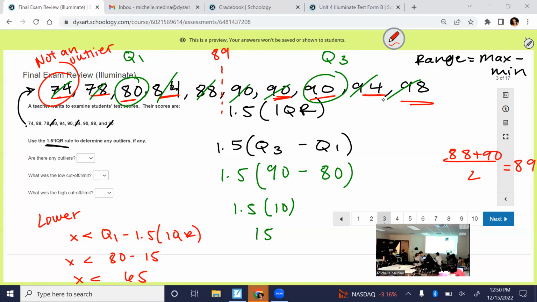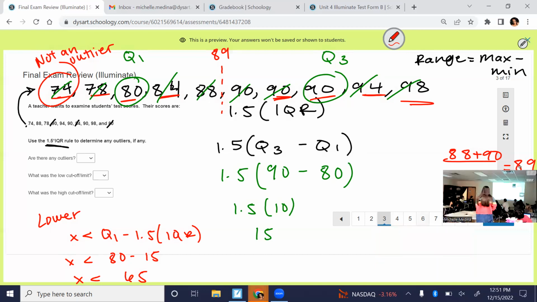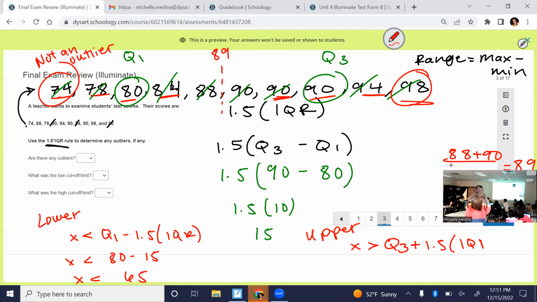Let's see if we have an outlier on the right-hand side. So like an upper extreme, because technically there could be an outlier on both sides. So now we're testing the 98. If you're testing an upper extreme, the formula is X greater than Q3, because it's on the upper half, plus 1.5 times the IQR, which we figured out to be 15.